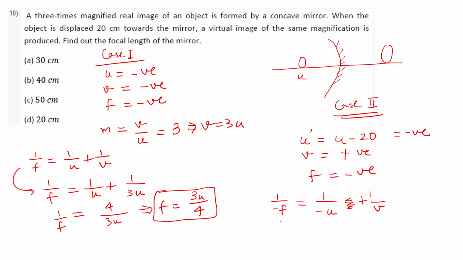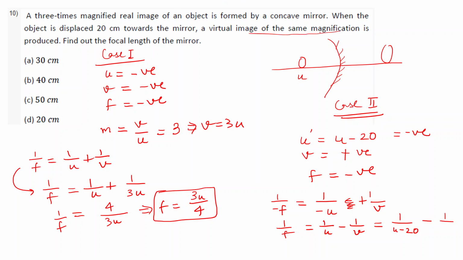Now when we substitute the values, it will be 1 over f is equal to 1 over u minus 1 over v, and u is u minus 20, and v we don't even know. Wait, when the object is displaced 20 cm towards the mirror, a virtual image of same magnification.